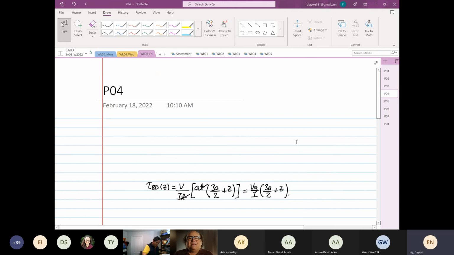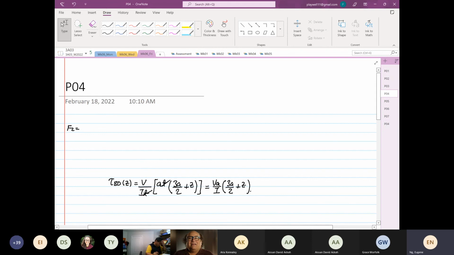So we are going to find our F2. Here we're going to determine F2. So F2 now is between the limits 0 to 2A, and stress BD as a function of Z, and then we have to multiply by thickness multiplied by dz.